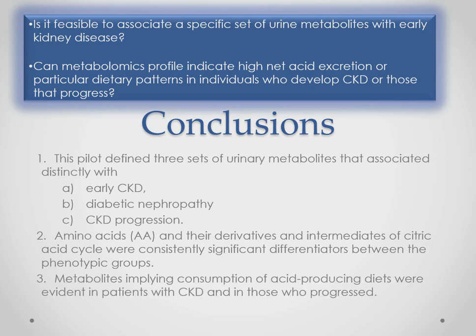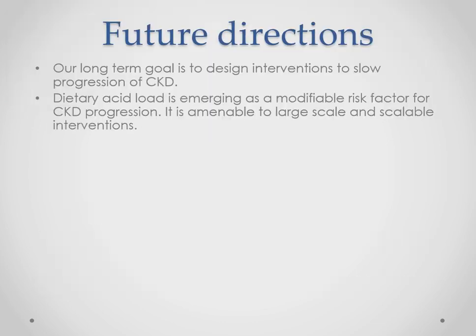And so metabolites implying consumption of acid-producing diets were evident in patients with CKD and in those who progressed. Finally, why are we so keen on this acid effect in the diet on the kidney function?